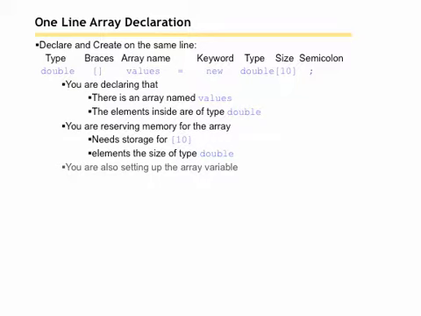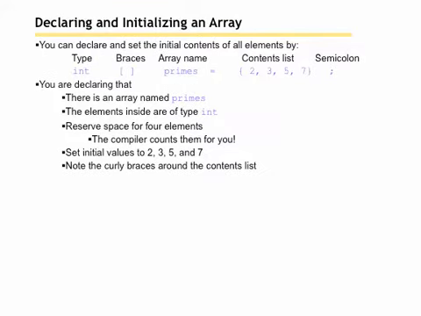A one-line array declaration can look as follows. double[] values = new double[10]; So you can combine those two lines into one line, and sometimes that's very convenient. We can also create an array using initializer list syntax. We need the data type, the square brackets, a name for the array, an equal sign, and then in curly braces, the values that we want to store in the array, followed by a semicolon.